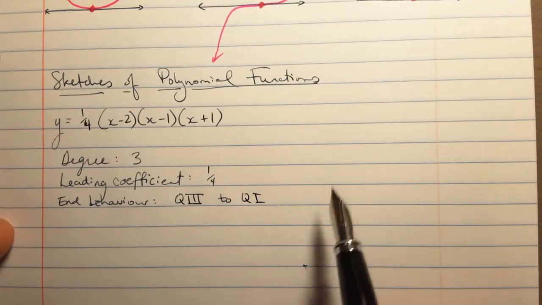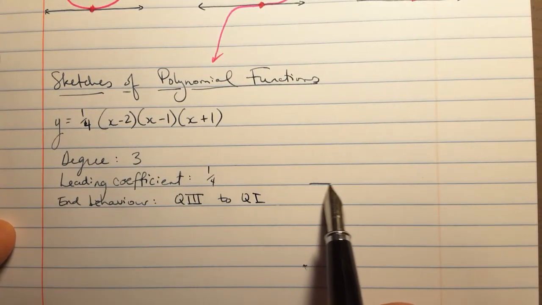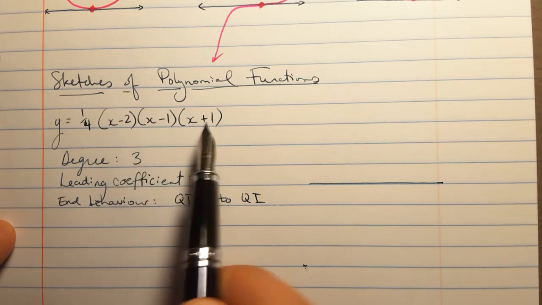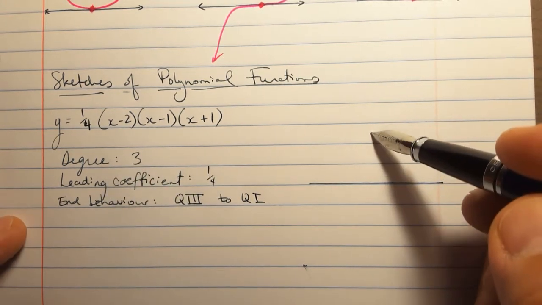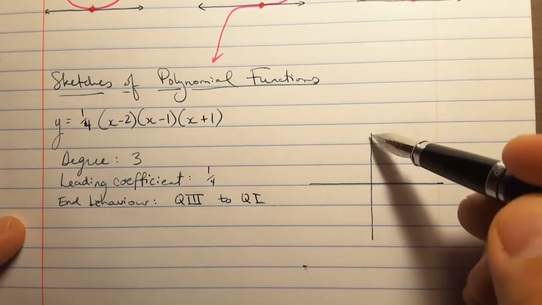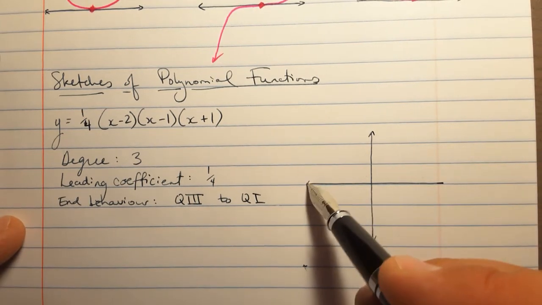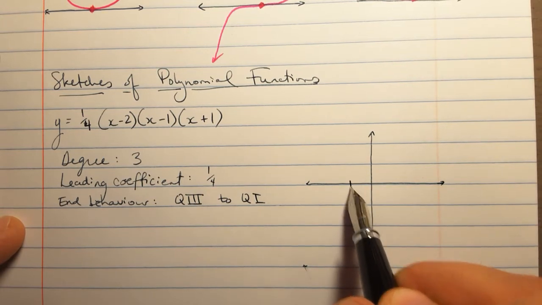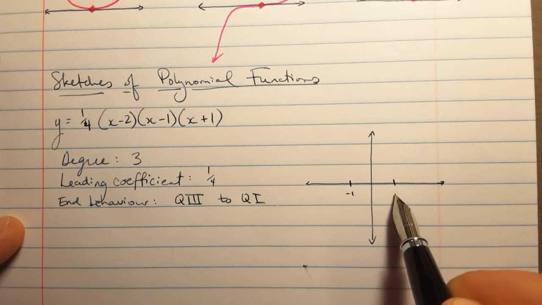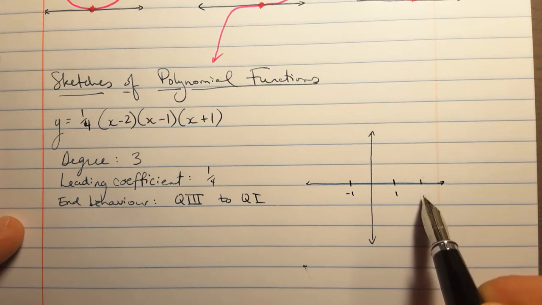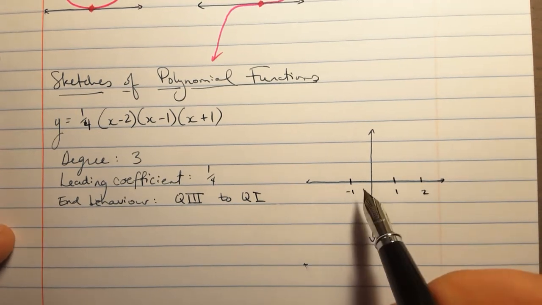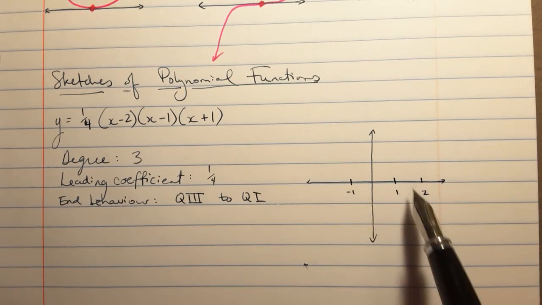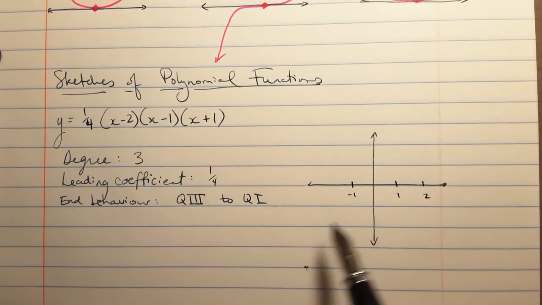I'm going to draw a little sketch now. Let's see, my roots are going to be 2, 1, and -1, so I can just maybe draw the center right here, the y-axis here. So over here I needed a -1, I need a +1, and a +2. That looks alright. So those are the places where the curve is going to either cross or touch the x-axis, and that will depend on the order of the roots.